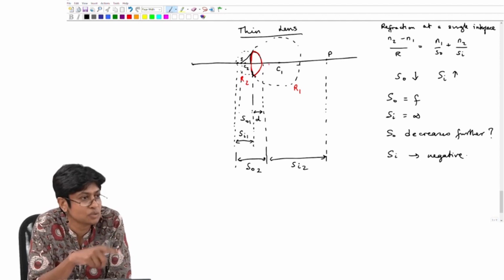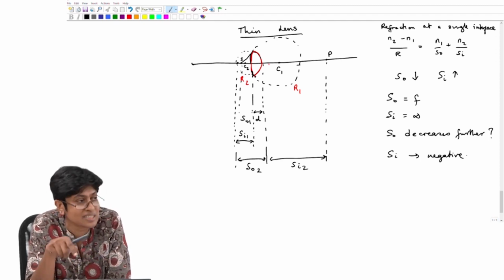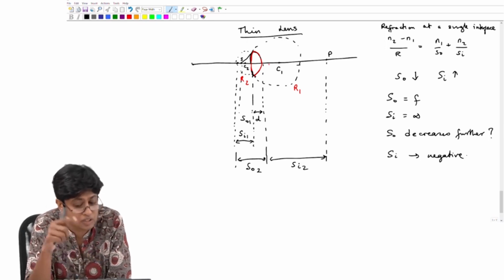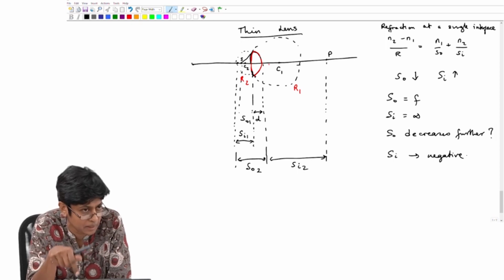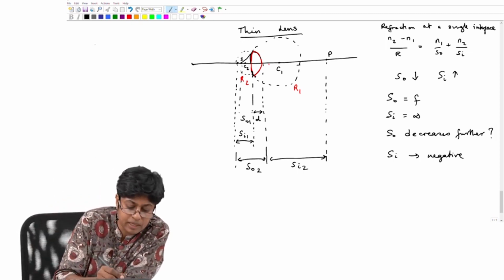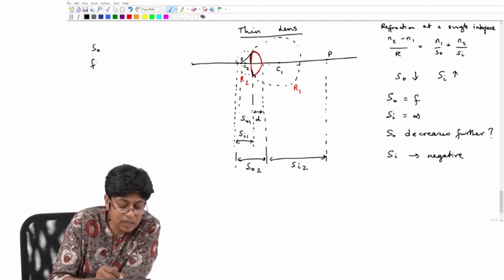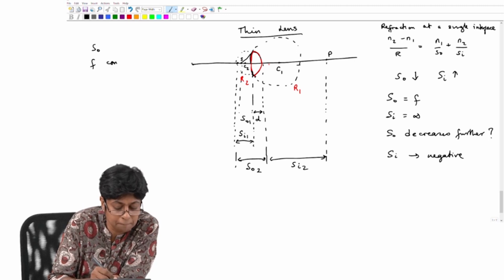That is the reason why in this drawing I have put the first image formed on the same side as the object. Because if you think about it, by doing that, what am I saying? I have my object distance, and let's say S0 is my object distance. I have the focal length F, which is of the combined lens.